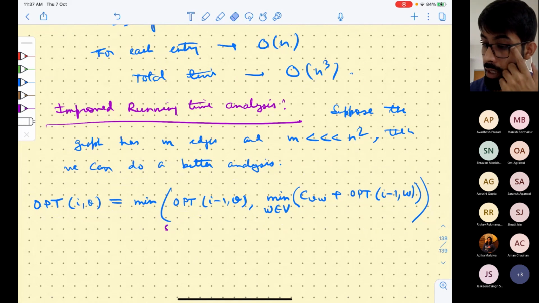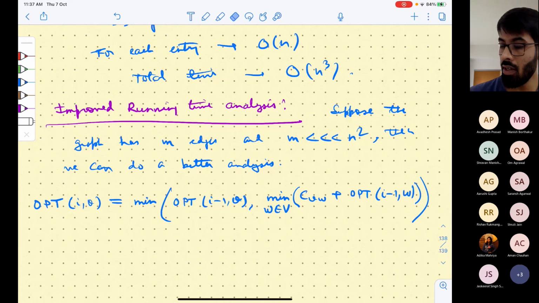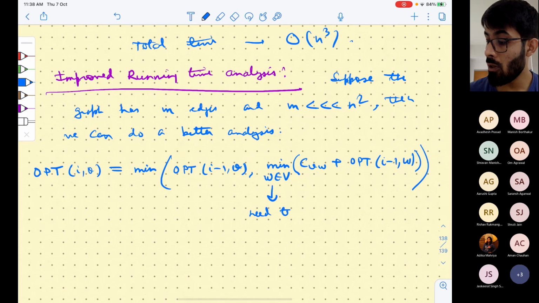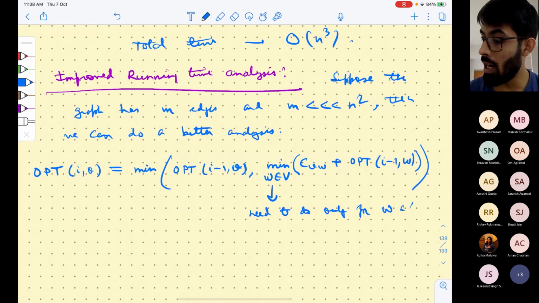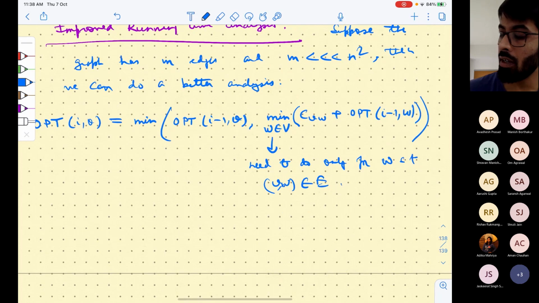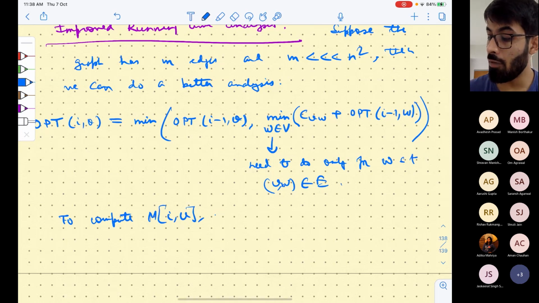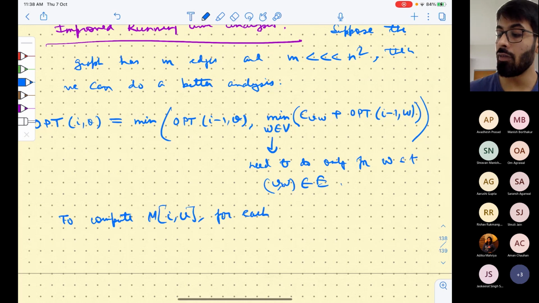So this is our recurrence. Somebody suggested that we need to do this only for W such that VW is an edge. So for each V, to compute M(I, V), how many things do we need to consider?